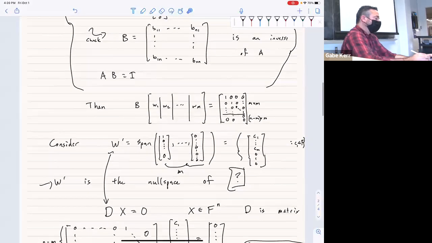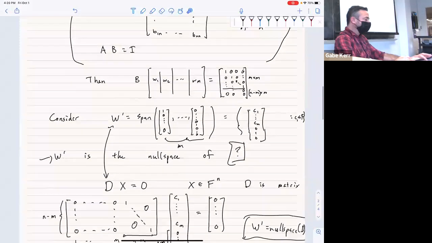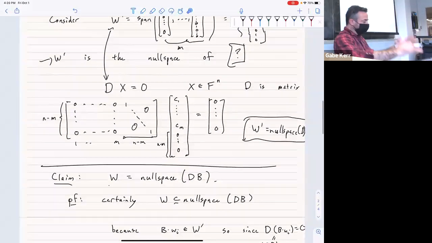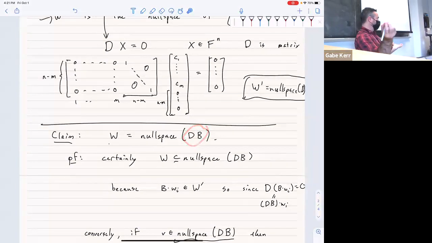And then we use B to basically rotate W to W prime, where we knew it was a null space. The last part of the argument, which I didn't say very elegantly and made some mistakes in, but you can fix them, is just to say that if W prime is the null space of D, then W must be the null space of D because it's an invertible operation.